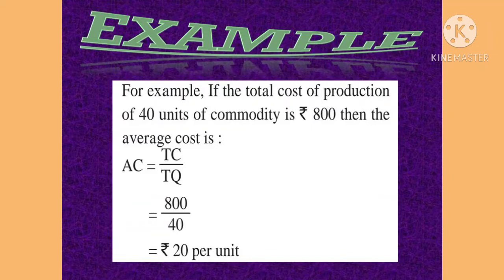When we divide, we get average cost equals rupees 20 per unit.